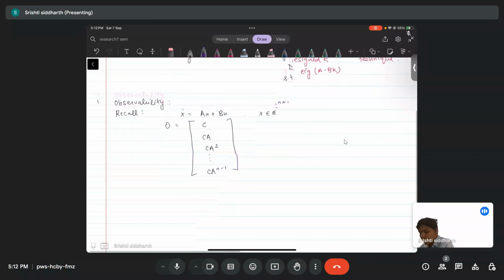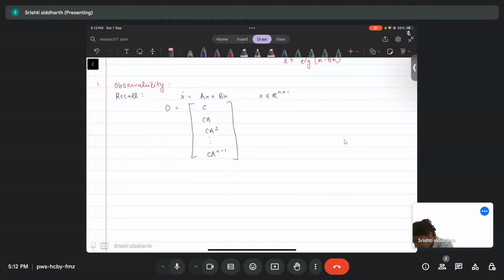The system x dot equals Ax plus Bu, or the pair (C, A), is observable if and only if the rank of this matrix is exactly equal to the number of states.